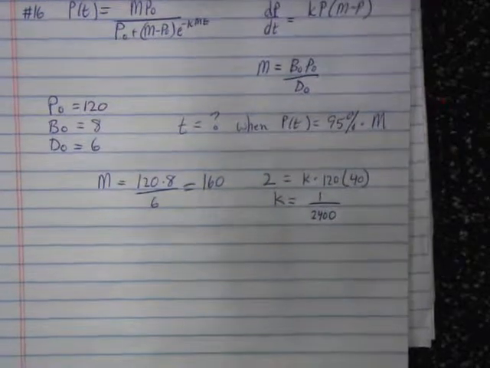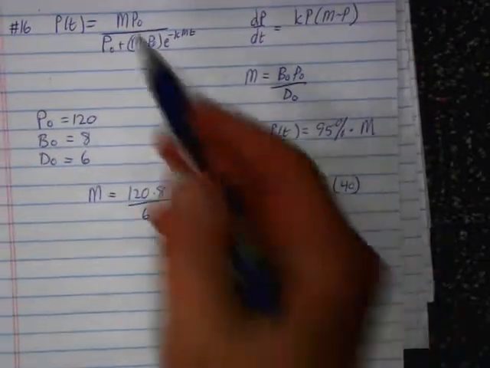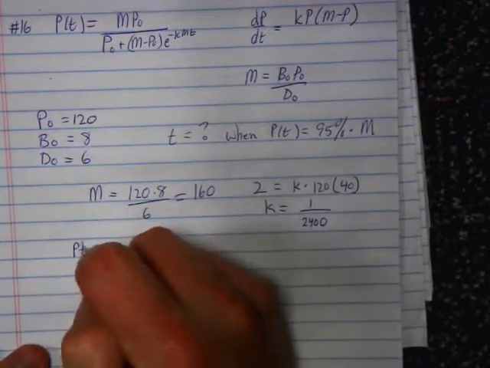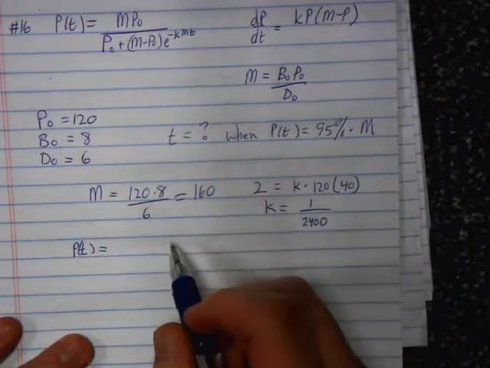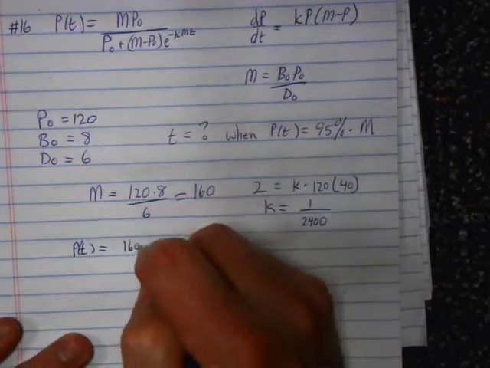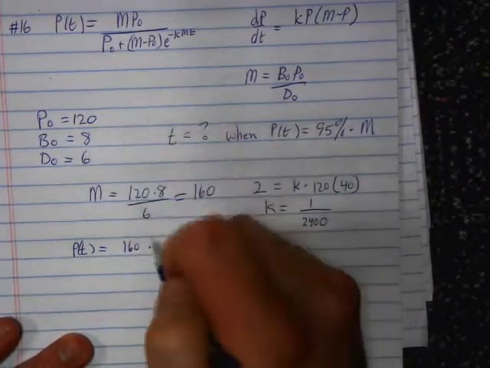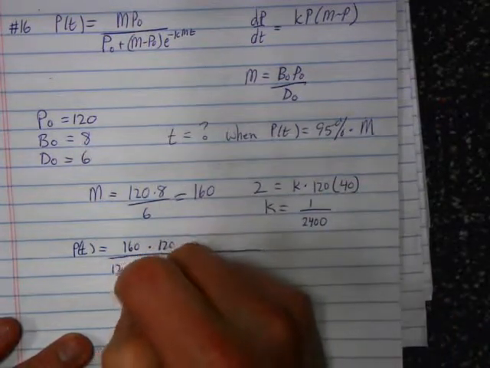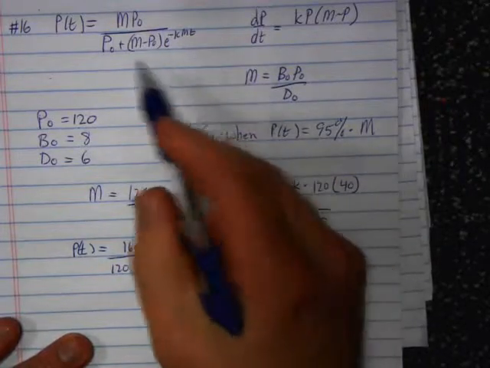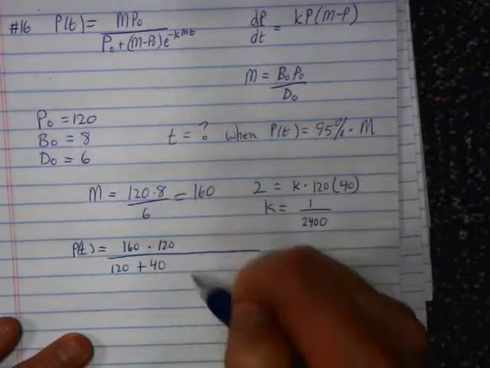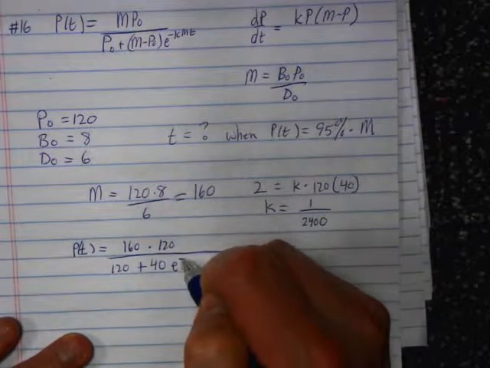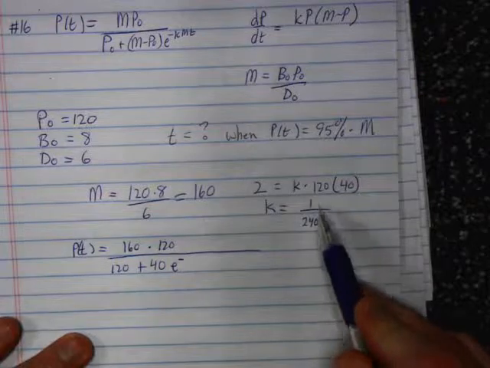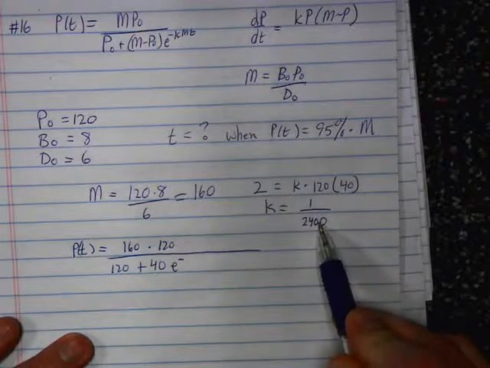All right, so now I have all the information I need. I can plug everything into this formula. So I'm going to have P of t is M, which was 160, times P0, which was 120, divided by P0, which was 120, plus M minus P0, which was 40, times e to the negative K times M, 1 over 2400 times 160.